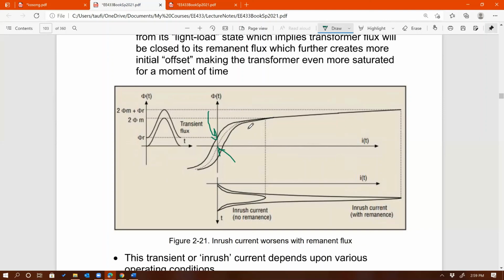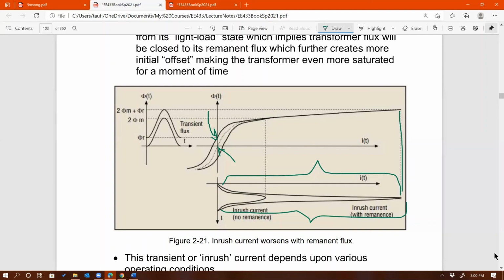When the core has remnant flux, the offset is worse because now you shift the offset higher at that remnant flux. So now you get even worse inrush current. You see the current now goes way into the saturation region. It's an even bigger current. So that peak current right there represents our inrush current.